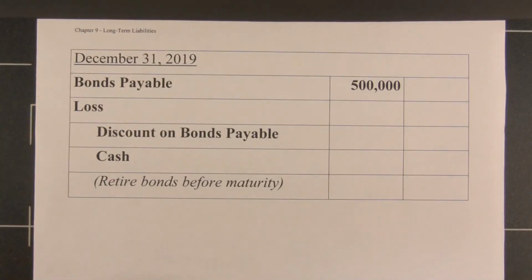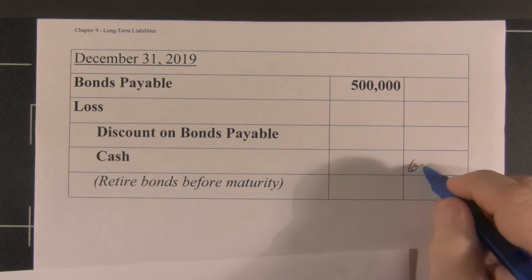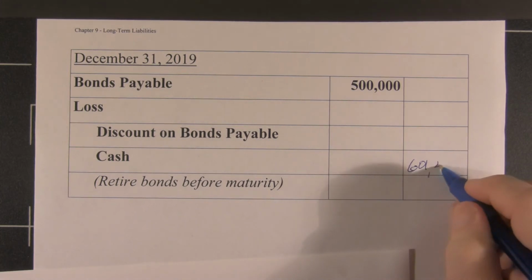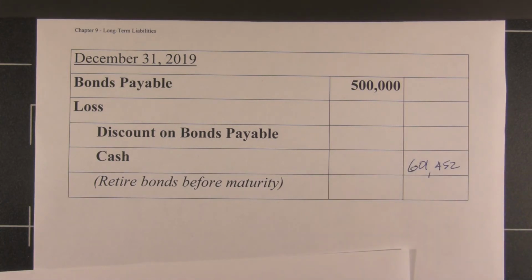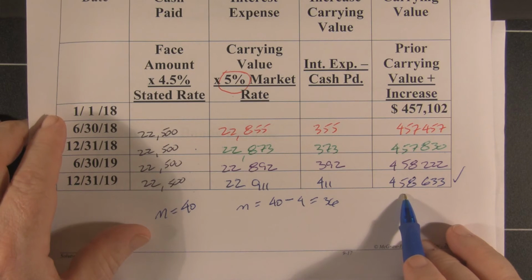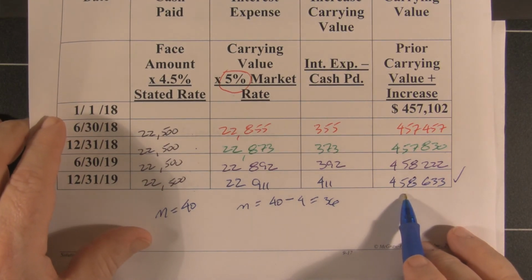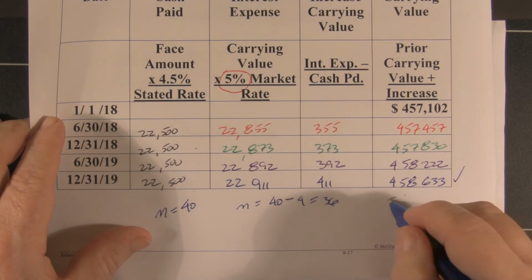$601,452. So that's how much cash is going to go out. $601,452. That's how much has gone out the door. The discount on the bond payable also has to go out the door. And the discount on the bond payable is the difference between $458,633, the carrying value at the time, and $500,000.